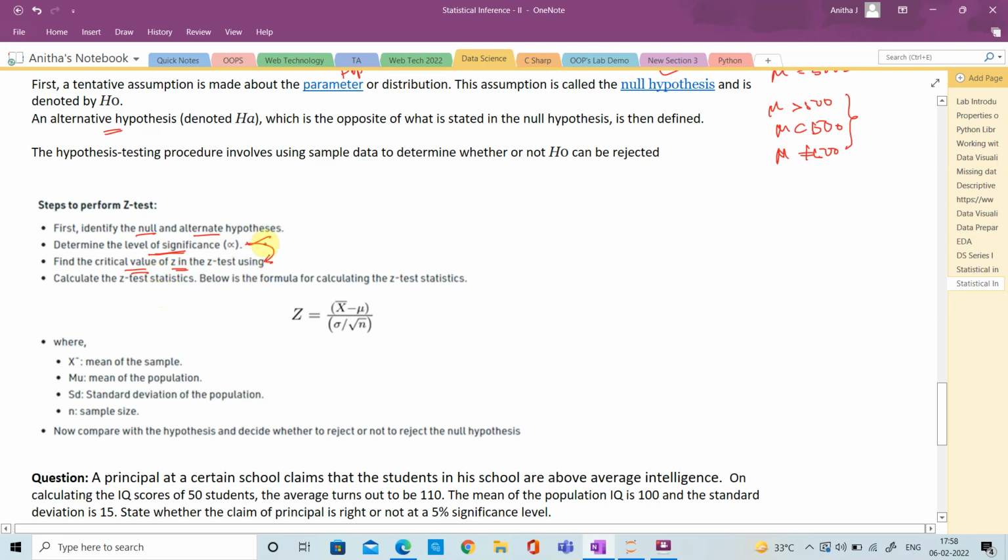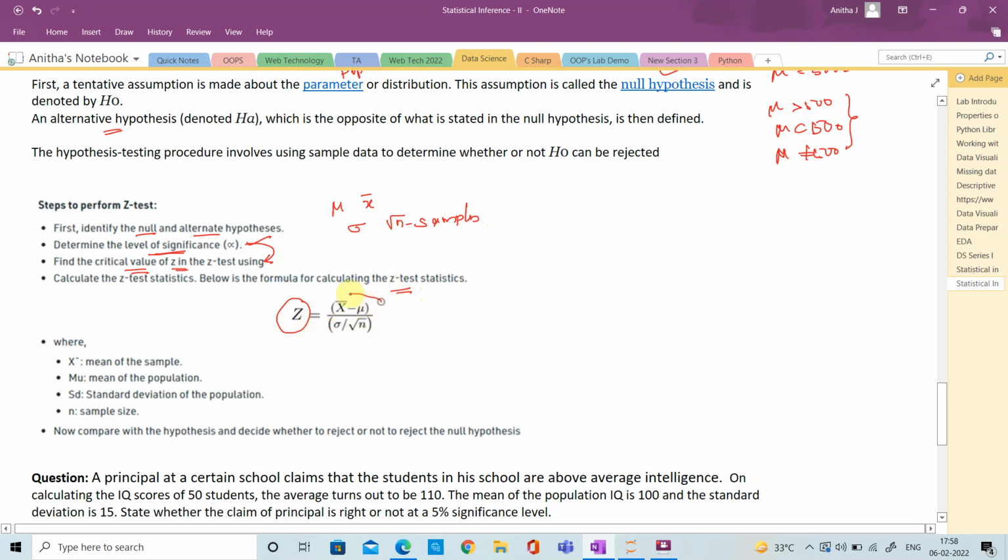And then whatever inputs you are having, you have the mean of the population, the mean of the sample, the standard deviation, and the number of samples. Based on that, your Z value gets calculated. So this is your Z test statistic calculation.